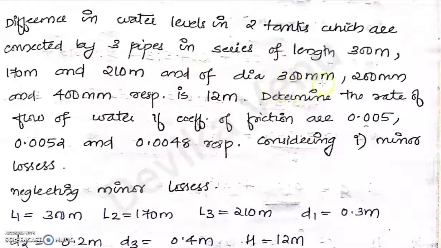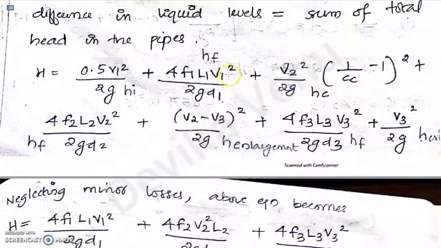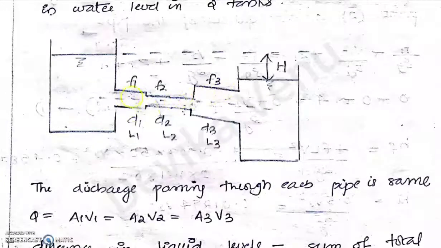Yes, D1 is 300 mm, so this one is bigger, then it is contracting to 200 mm, then it is expanding to 400 mm. Looking at the figure, yes, it is the same: first 300, then 200, then 400. So the question and the figure we have drawn are very similar. So what all things do we have to consider while considering the minor losses?